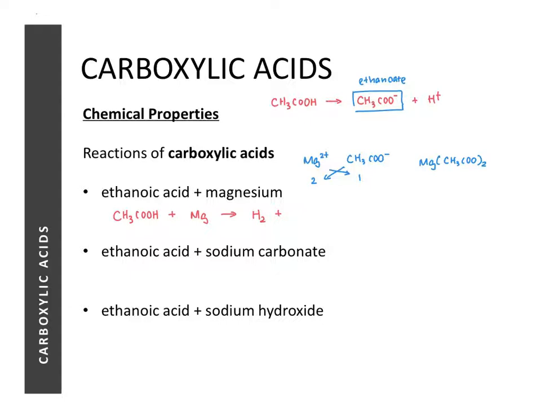Okay, when you're writing the formula of a salt that's formed from an organic acid, the convention, instead of writing the cation followed by the anion, is this: whenever we write the formula of a salt formed from an organic acid, we write the anion first, meaning CH3COO, twice, followed by Mg.